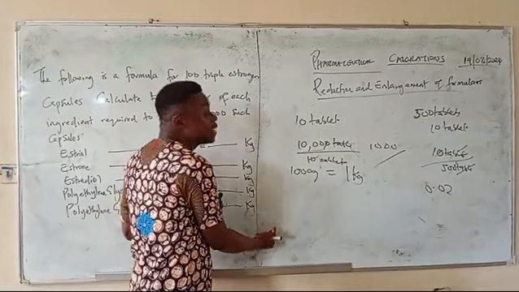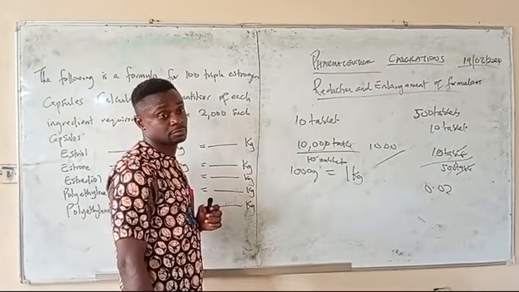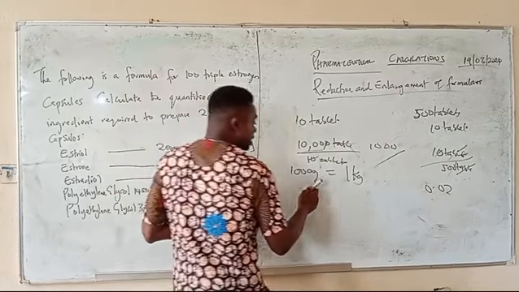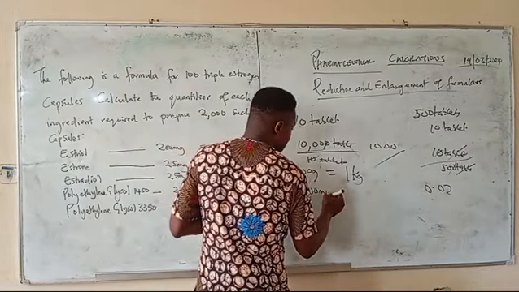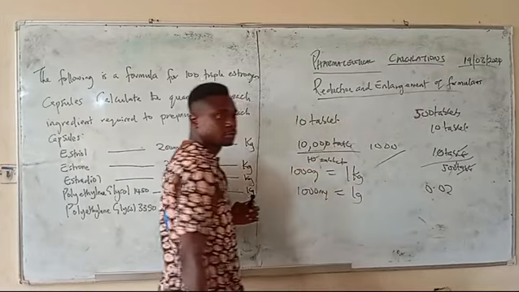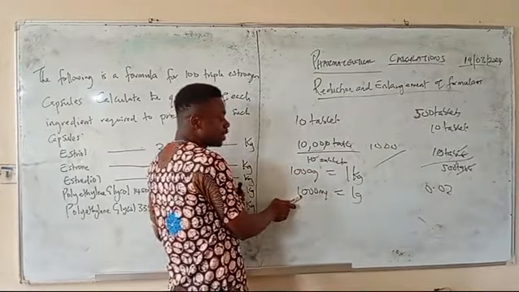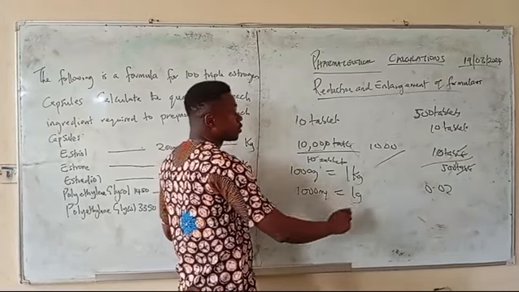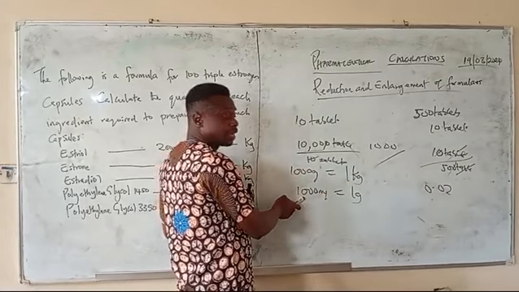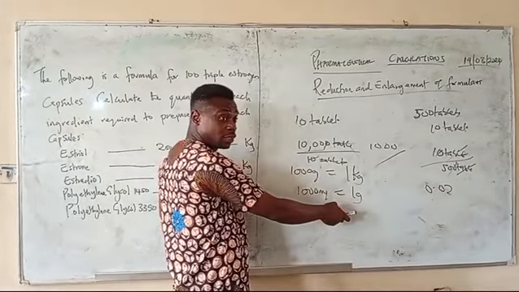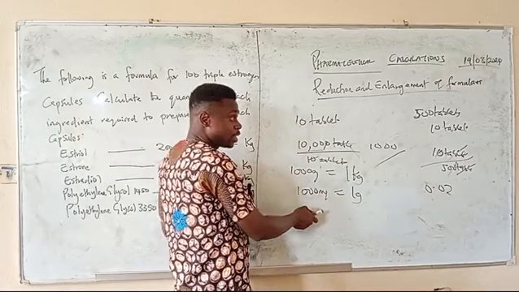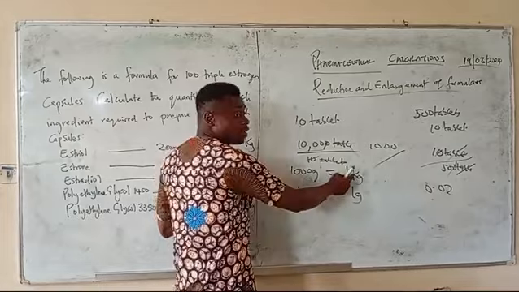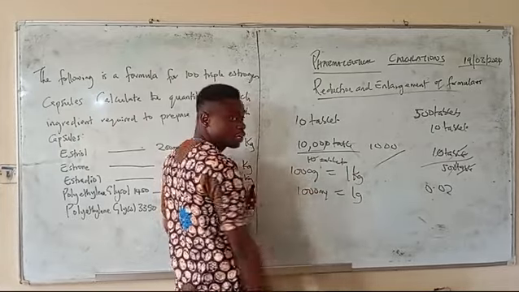How many milligram make 1 gram? 1,000 milligram makes 1 gram. So if 1,000 milligram makes 1 gram and 1,000 gram makes 1 kilogram, are you following? Then how many milligram make 1 kilogram?